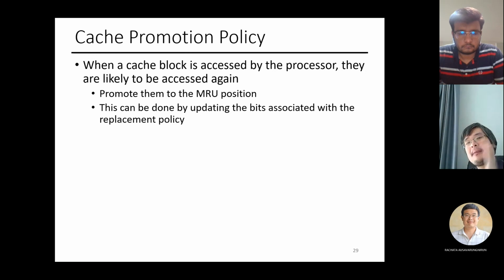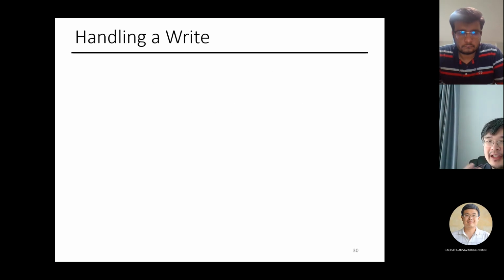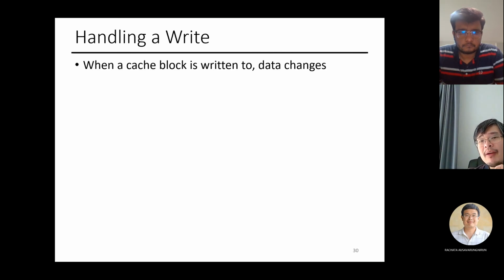The other element of the cache is if I have a write, what would happen, right? When you write to a cache block, the data changes. Let's say I have this sequence of accesses.